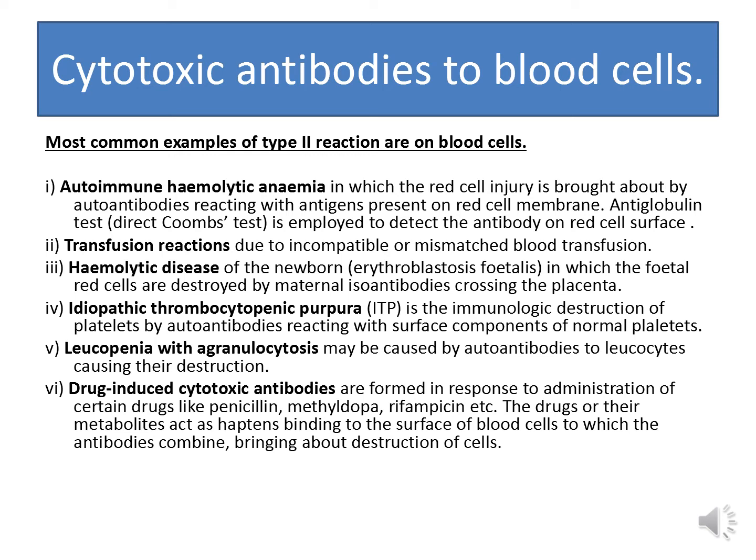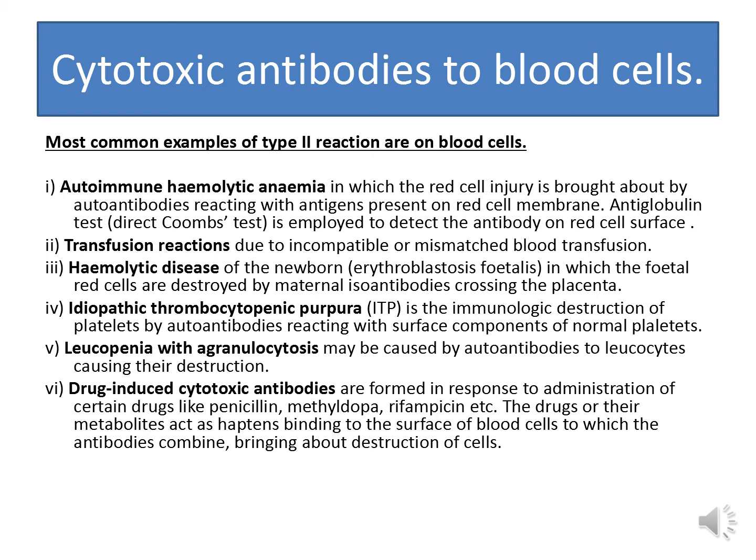Antiglobulin test, direct Coombs test, is employed to detect the antibody on red cell surface. Also, as examples, we know the transfusion reactions due to incompatible or mismatched blood transfusion, and hemolytic disease of the newborn, also known as erythroblastosis fetalis, in which the fetal red cells are destroyed by maternal antibodies crossing the placenta.